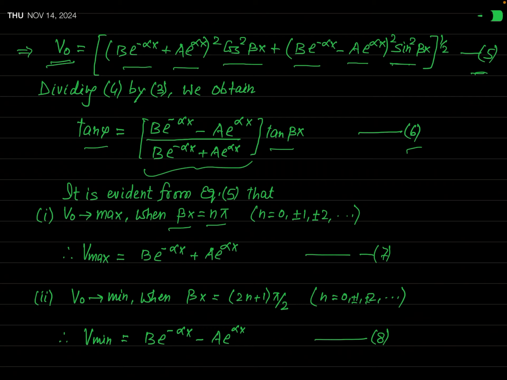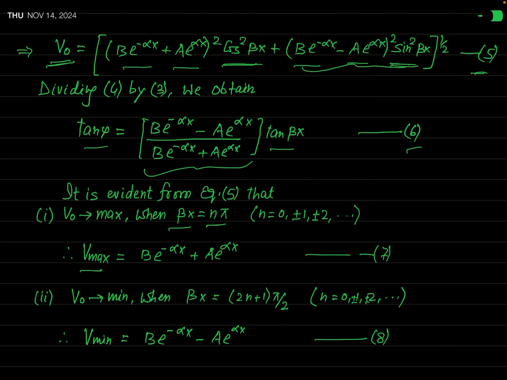You know, cos 0 is 1, cos pi is minus 1, cos 2 pi is plus 1, but sin n pi is 0. So when you take beta x equal to n pi, this cosine square beta x will have maximum value, and V naught will also have maximum value. So the maximum value of V naught, which I have written as V max, is given by this much. The second term will vanish when beta x equals n pi.